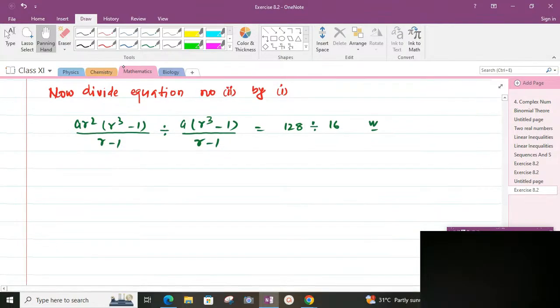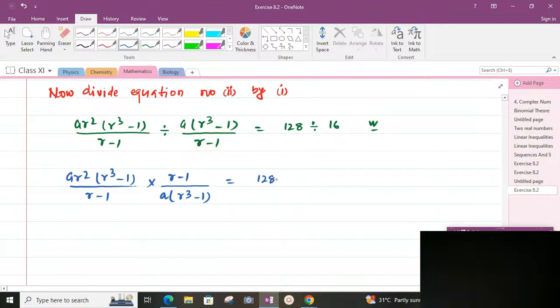So here will be AR square (R cube minus 1) by (R minus 1) into (R minus 1) by A (R cube minus 1) equal to 128 by 16.